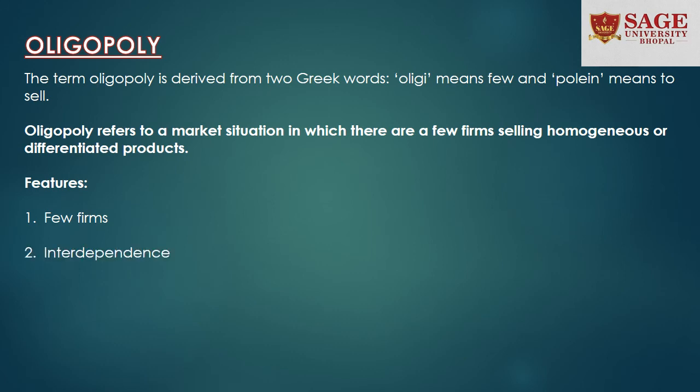Second, interdependence. Firms under oligopoly are interdependent. Interdependence means that the action of one firm affects the action of other firms. A firm considers the action and reaction of a rival firm while determining its price and output levels. A change in the output or price by one firm evokes a reaction from other firms operating in the market.